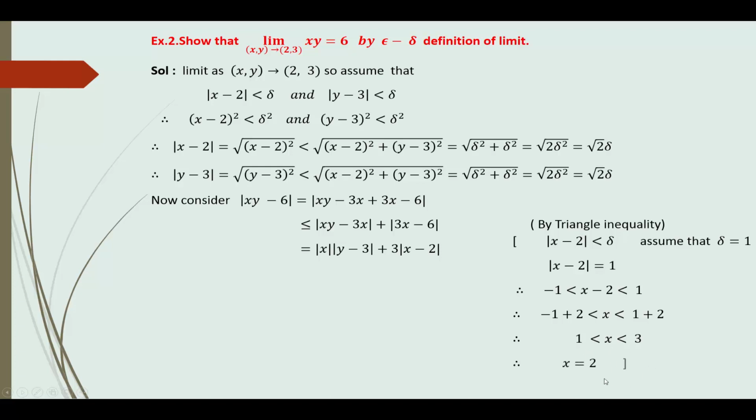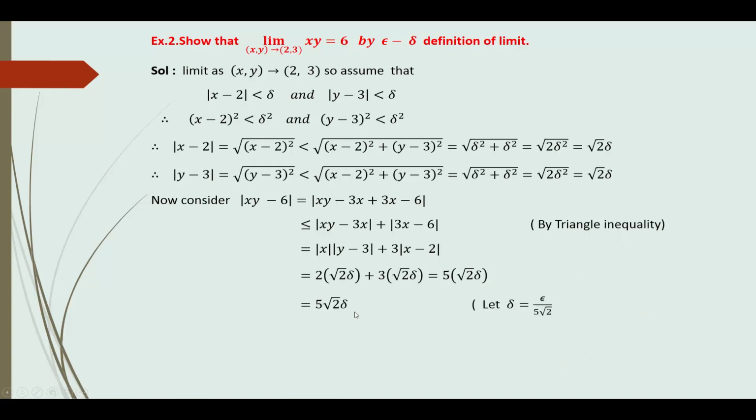So assume that x is equal to 2. Put the value of mod x as 2 here. Mod x equal to 2, so 2, and mod of y minus 3 is less than root 2 delta, plus 3, and mod of x minus 2 is again less than root 2 delta. So this is 2 plus 3, which is 5 root 2 delta.